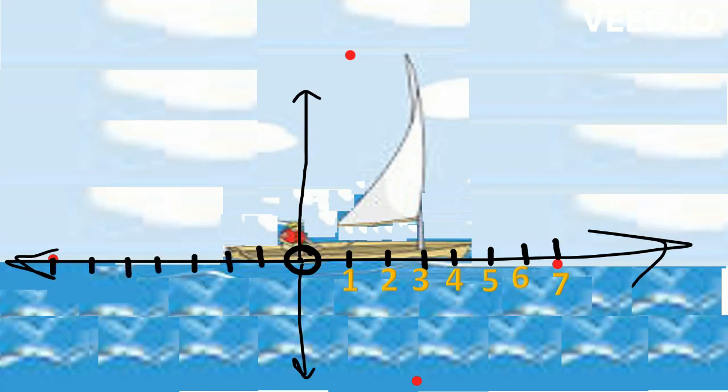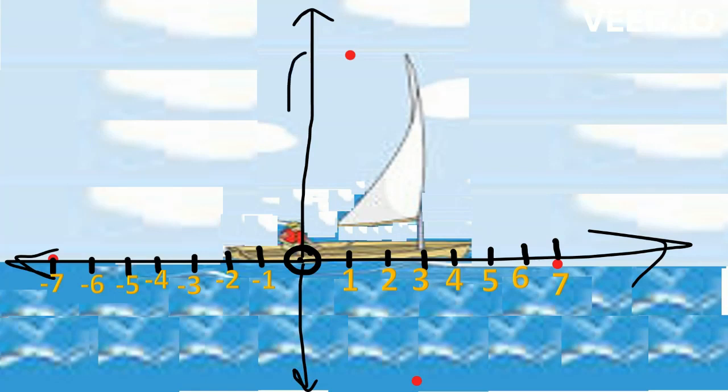These units will be named -1, -2, -3 and so on because they are in the opposite direction, in the backward direction. Let's divide this part also into units. This is the upward direction, so positive.